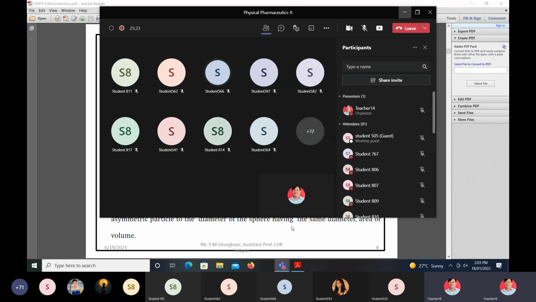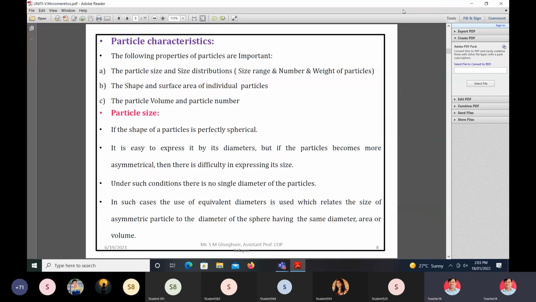Fundamental and derived properties. What are those fundamental properties? First one is the size. Second one is the shape. Third one is the surface area. Fourth one is the particle volume. And last one is the particle number. Yes, please repeat it.